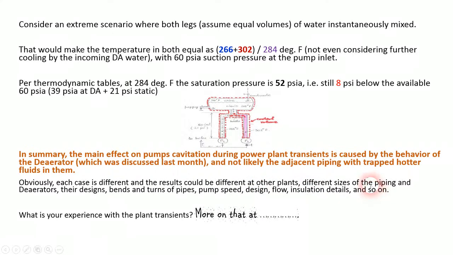But overall, in the cases we just considered, it doesn't seem likely that intuitively speaking hot pipe and the idling pump causes a problem. Not a likely scenario. A likely scenario is more classical flashing of the DA during the transient, and the vapor that is in it reaching the pumps causes problems.